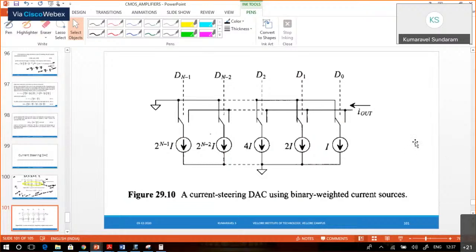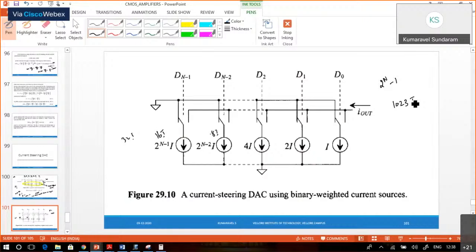The largest value is going to be 2 power n minus 1, so this is going to be 1023 I. It will go like that: 4I, 8I, 16I, 32, 64, 128, like that. So the current value will be 1023 times I.